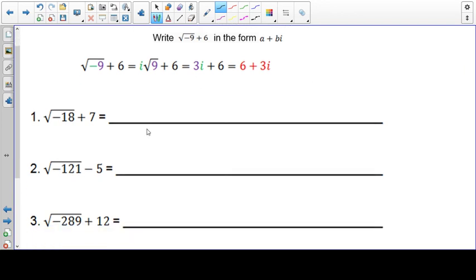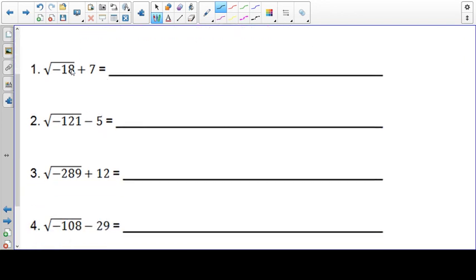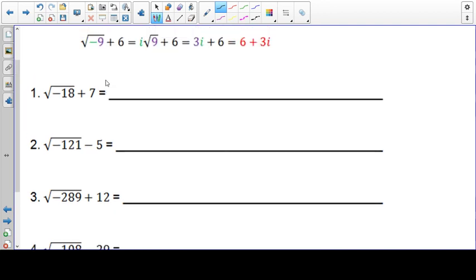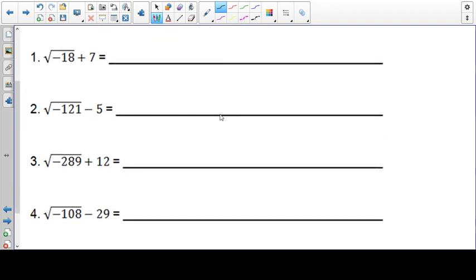Okay, so when I have numbers under my square root with regular parts, I'm going to simplify it down, and then I'm going to write the real number and then the imaginary number. So first, I have i square root of 18 plus 7. 18 gives me 9 and 2. 9 gives me 3 and 3.